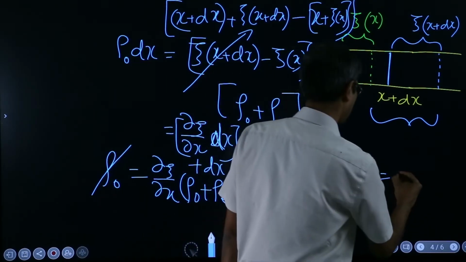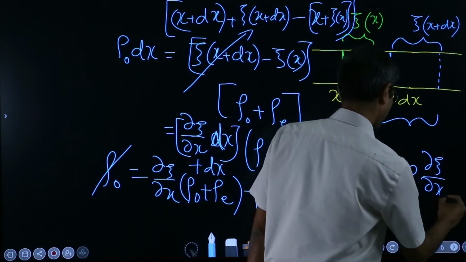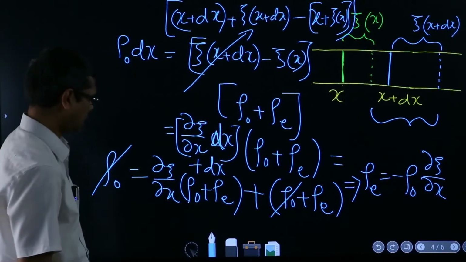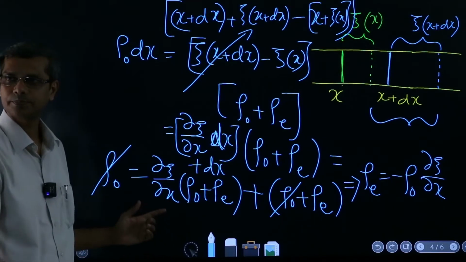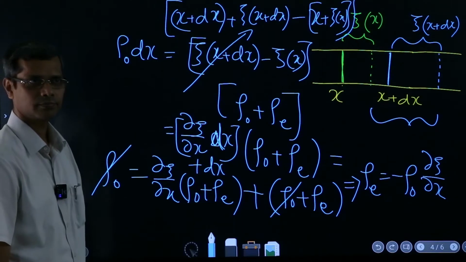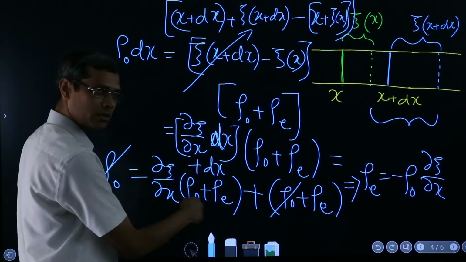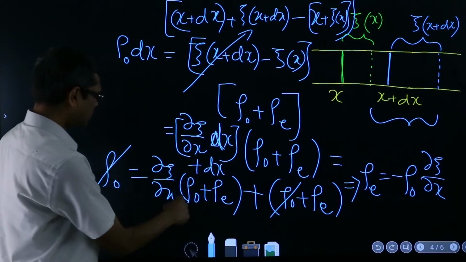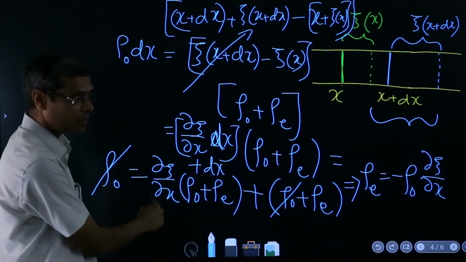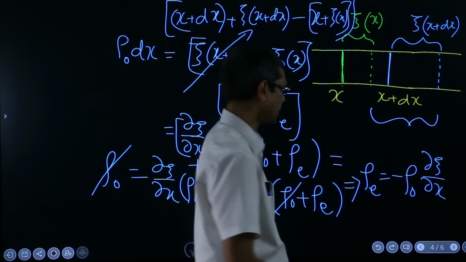Negative of this, right? Is that fine? This rho e times this is second order, got neglected. So this rho naught times d xi over dx comes here as negative, and this is the excess.